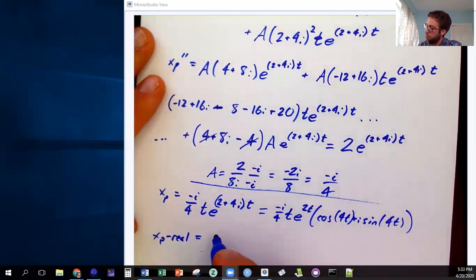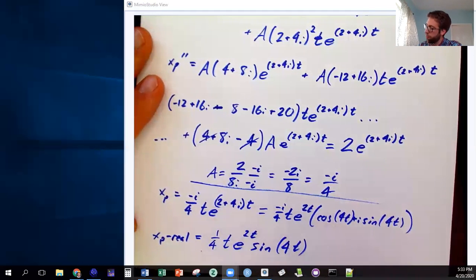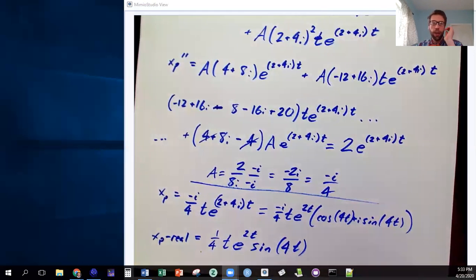So then it's 1/4 t e to the 2t sine of 4t. Okay. Now, if I did that too quickly, let me do it again a little slower.